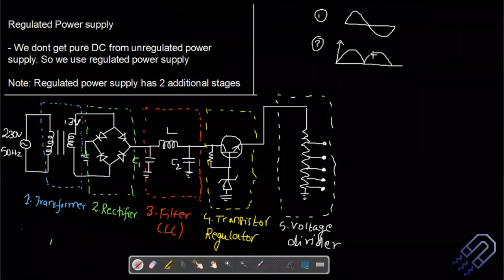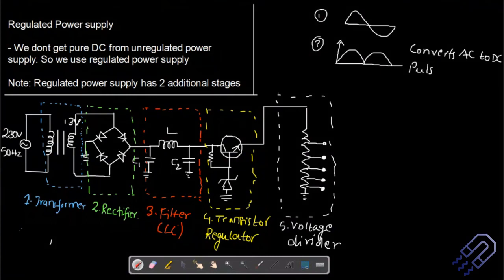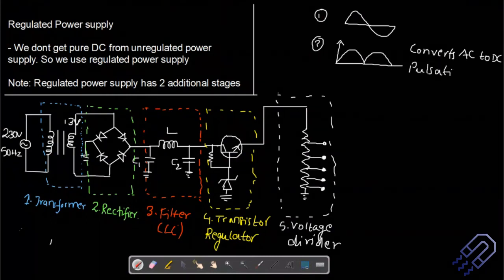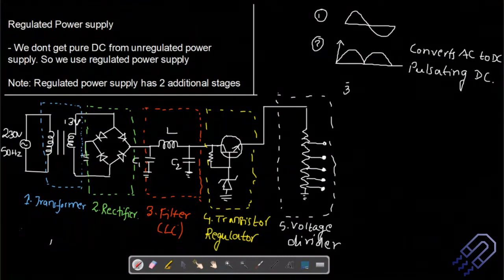Please remember, in the second part, it will convert AC to DC. This is nothing but a pulsating signal, pulsating DC. It's not a constant DC, pulsating DC. That's the second stage. What happens in the third stage?